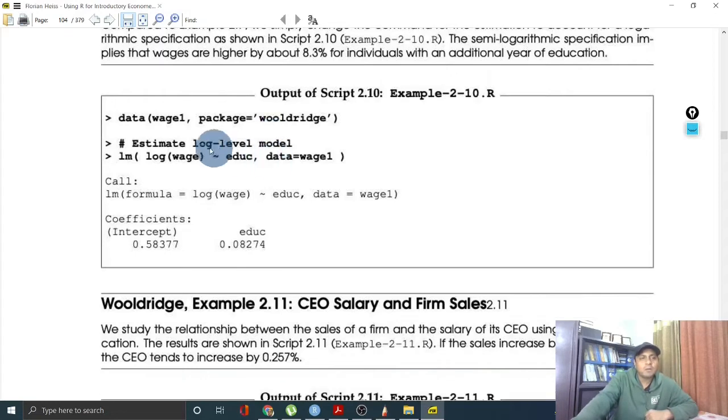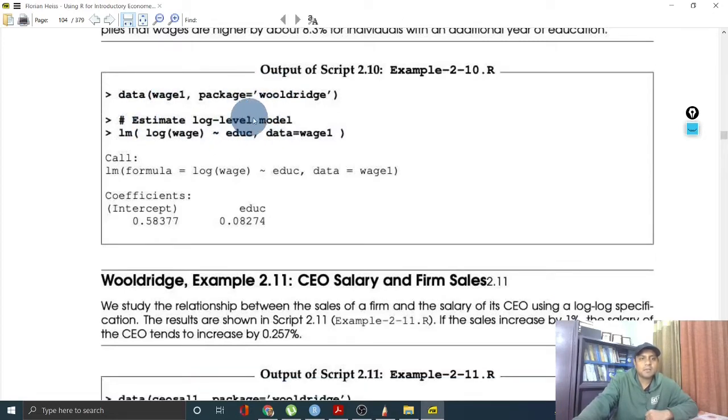So what we have done, we use the data wage1, which is from the Wooldridge book data, so we need to load the package wooldridge and then estimate the log-level model simply using the lm command, the linear model function, and then use log(wage). When you take the log, the variable is converted into a log model, and then you regress on education. There are two variables, wage and education. Wage is the dependent variable, education is the independent variable, and we are using data wage1, and that's what it gives.